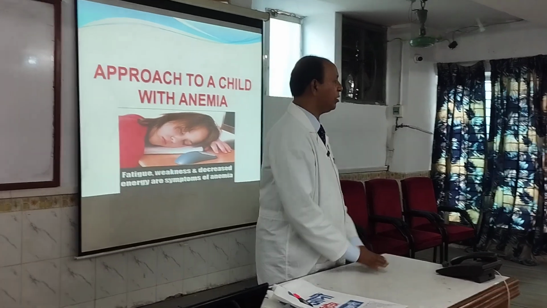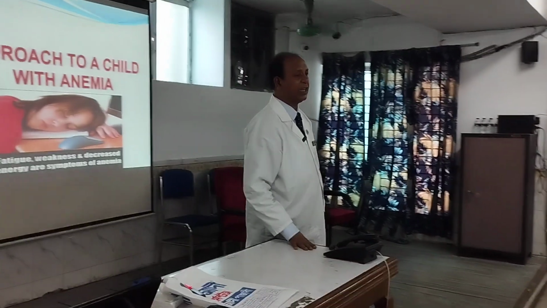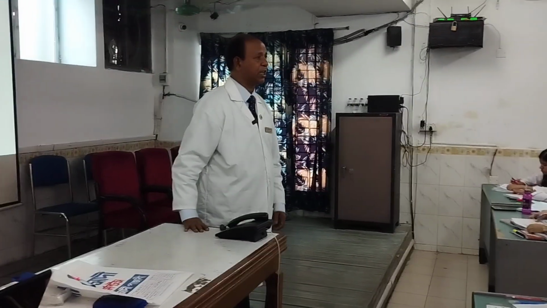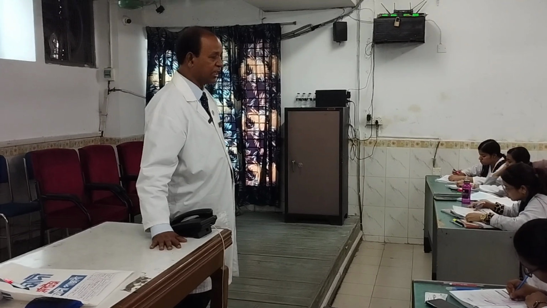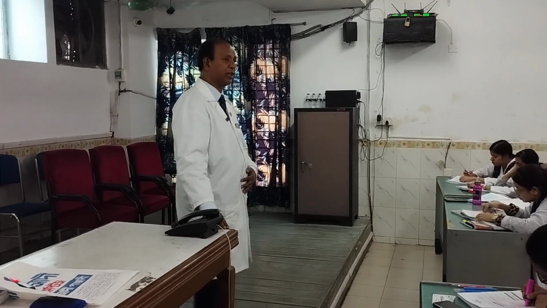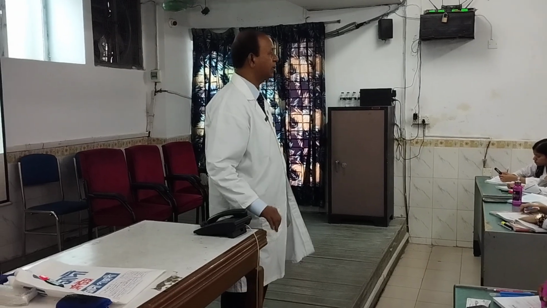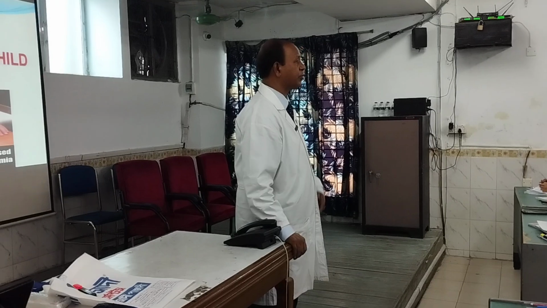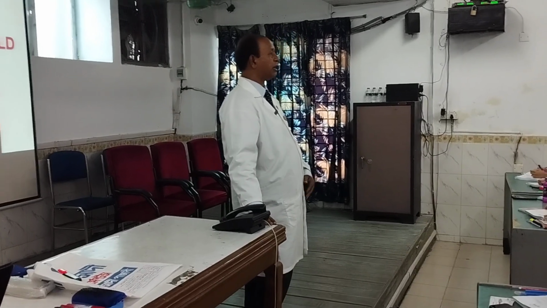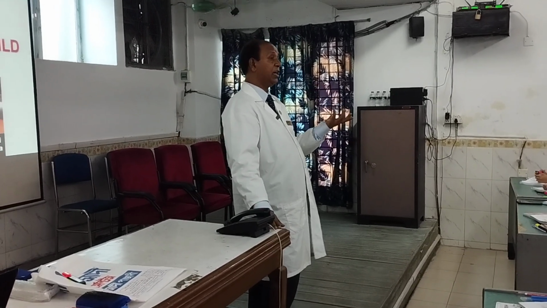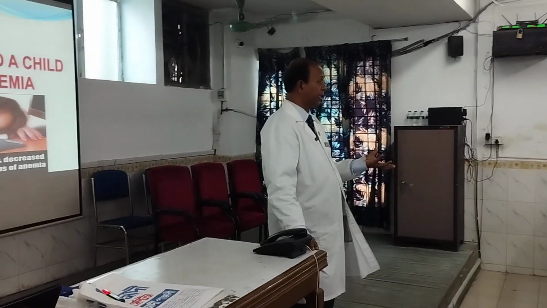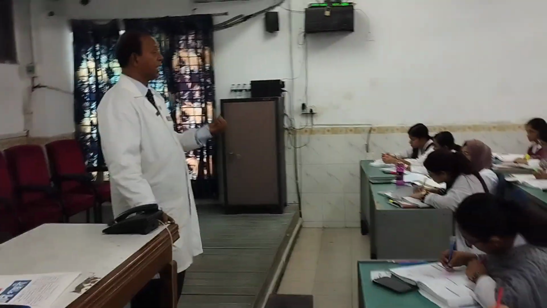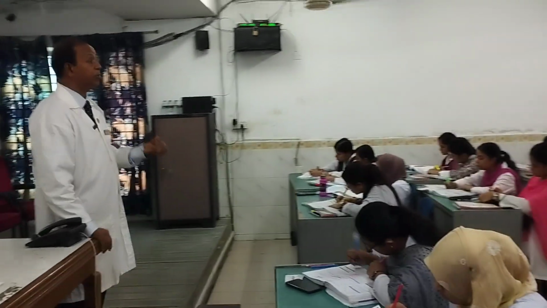Number two, I told you about hemolytic anemia, that is excessive destruction of the RBC. It may be two types. One is intracorpuscular defect, another one is extracorpuscular defect. Intracorpuscular defect means RBC membrane defect, RBC enzyme defect, RBC hemoglobin defect.